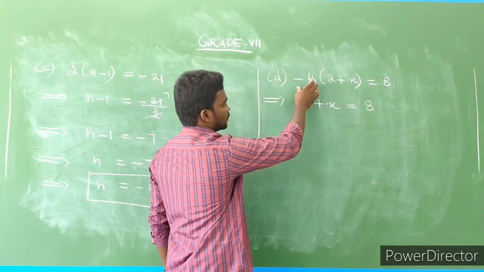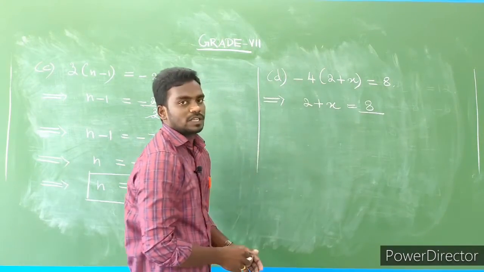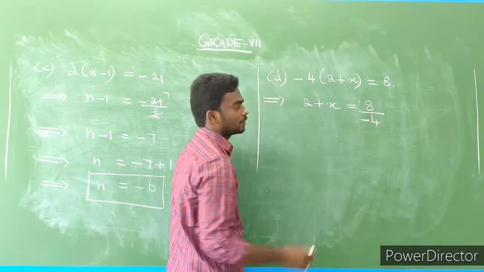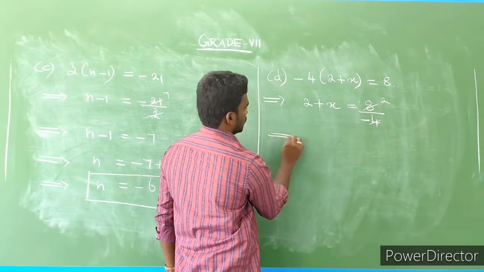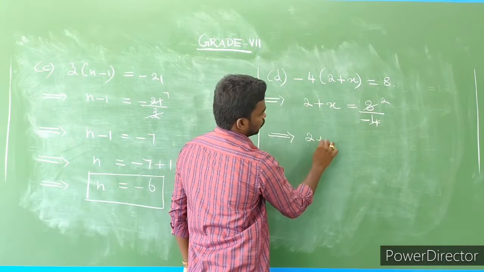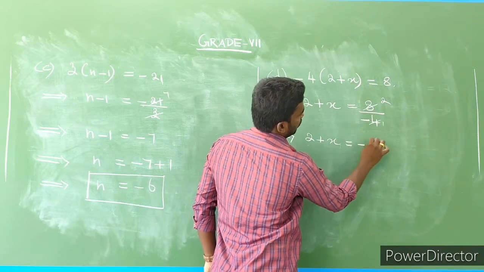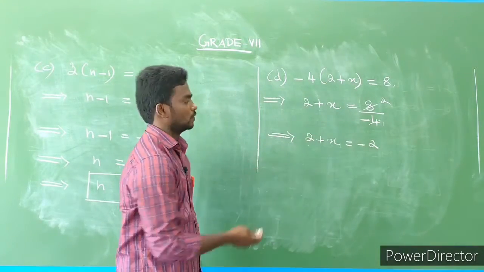So this minus 4 is multiplication on the left side, so this is transposing to division on the right side. 1 4 is 4, 2 4s are 8. Implies that 2 plus x is equal to 2 divided by minus 1, that is minus 2. 2 divided by minus 1 is minus 2, we know.